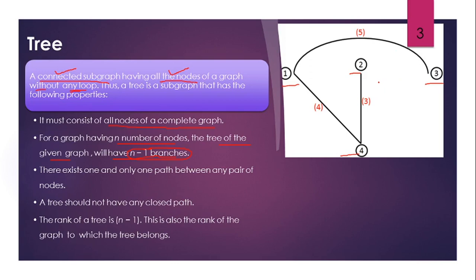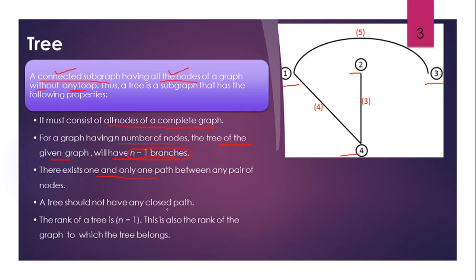So always note, the tree will have a number of branches one less than the total number of nodes. There exists one and only one path between any pair of nodes. Only one path between node 3 and node 1, node 1 and node 4, node 4 and node 2, and there is no path between node 2 and node 3. Why? Because if a path occurred between node 2 and node 3, it would form a closed loop path, and a tree does not have any closed loop path.